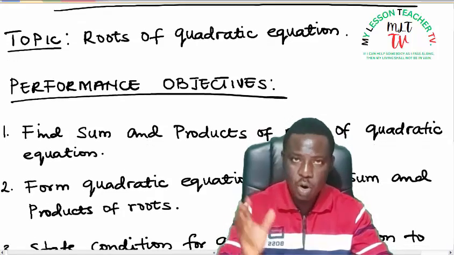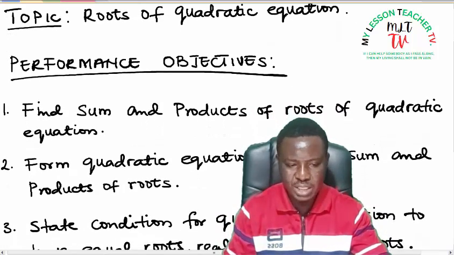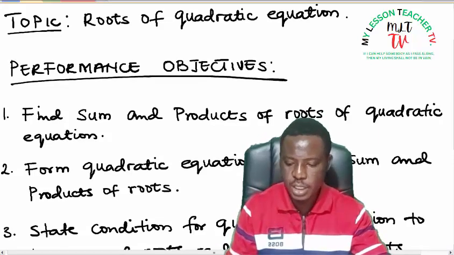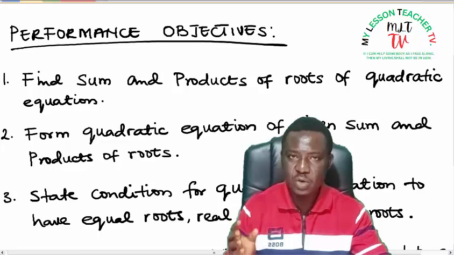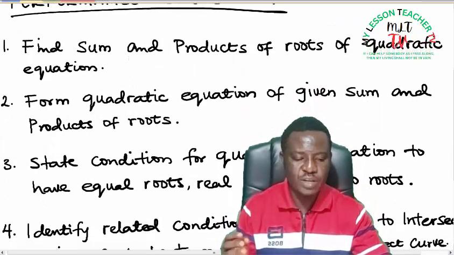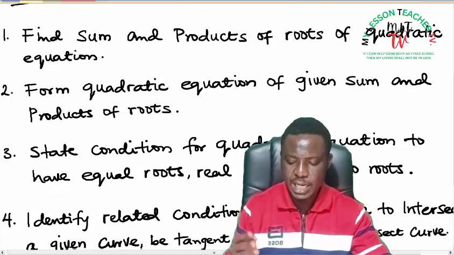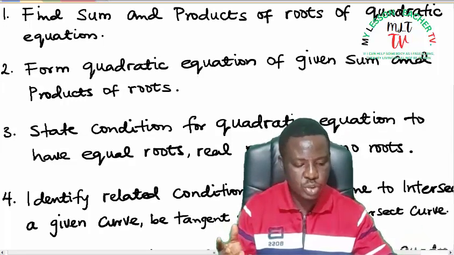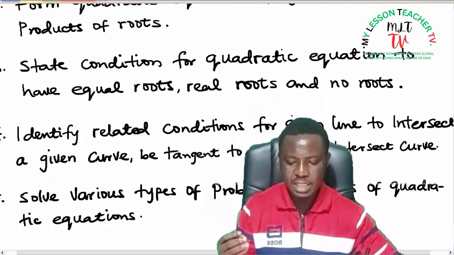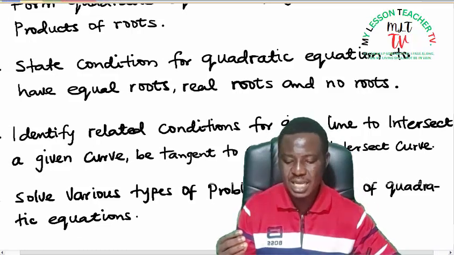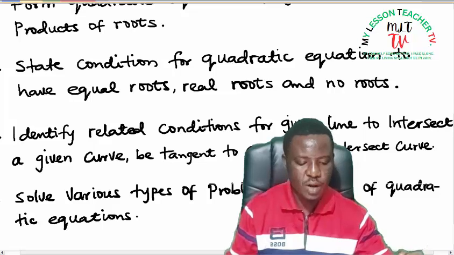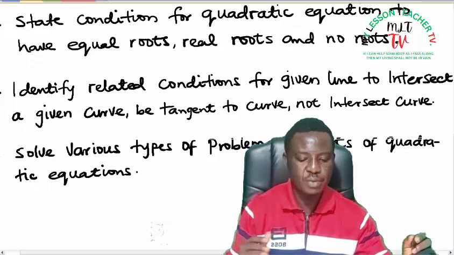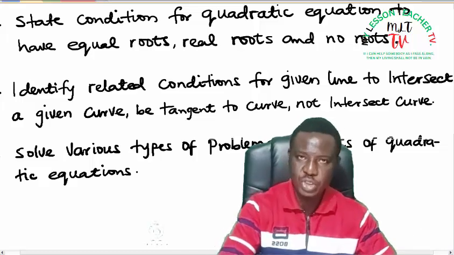At the end of the whole course, as a topic, roots of quadratic equation, it is expected that students ought to achieve the following. 1, you should be able to find sum and product of roots of quadratic equation. 2, form quadratic equation of given sum and product of roots. 3, you are to state condition for quadratic equation to have equal roots, real roots, and no roots. 4, identify related conditions for given lines to intersect a given curve, be tangent to curve, and not intersect curve. 5, you should be able to solve various types of problems on roots of quadratic equations.